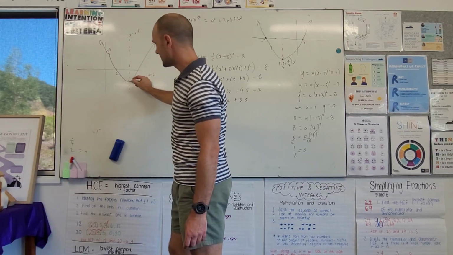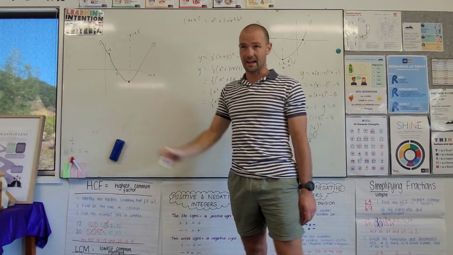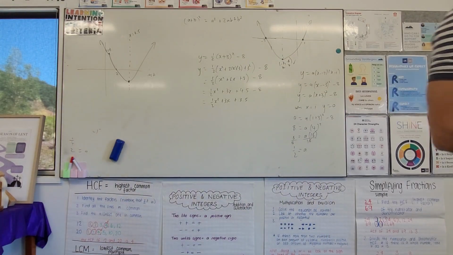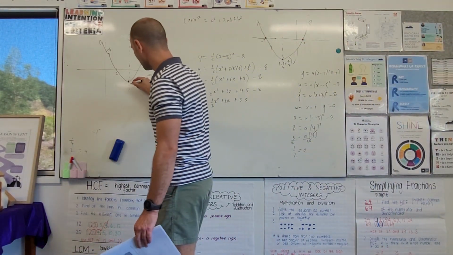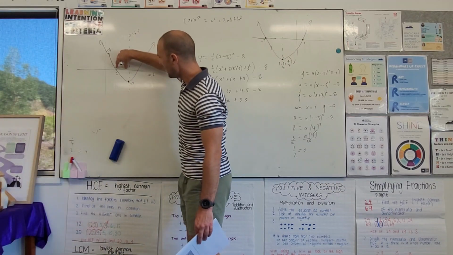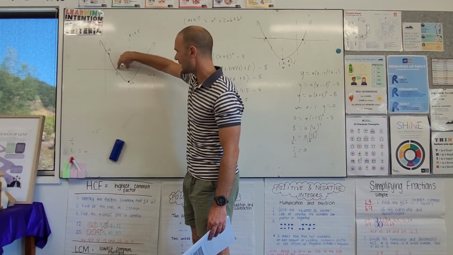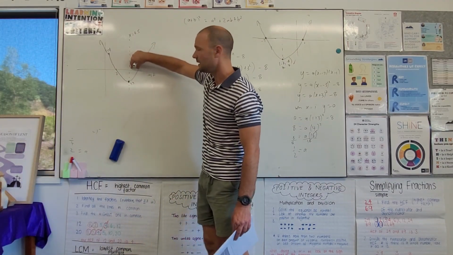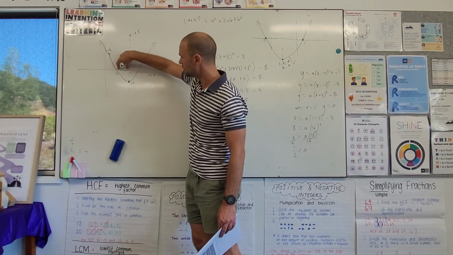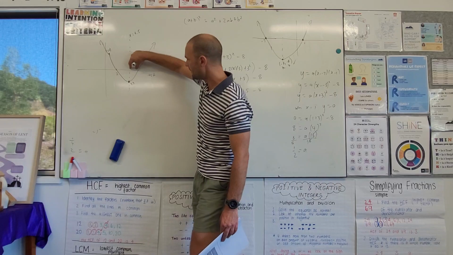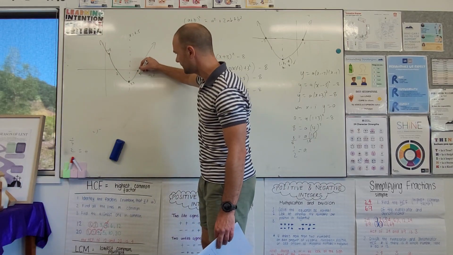If that's the axis of symmetry, it means that's the x-coordinate of the vertex. And if the vertex is at 3.5, that's 1.5 units from 2 to the axis of symmetry, which means we have another 1.5 units here. So from 2 to 3.5, 3.5 plus 1.5, that's going to take you to 5.